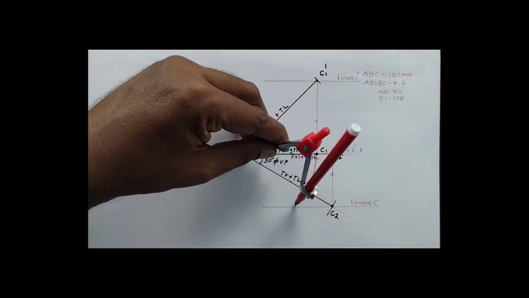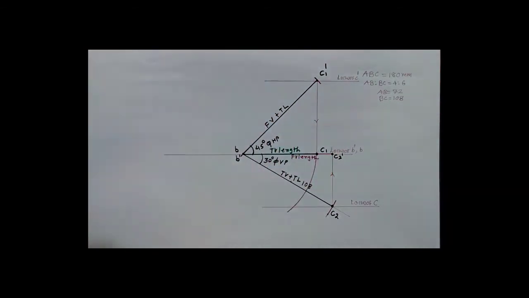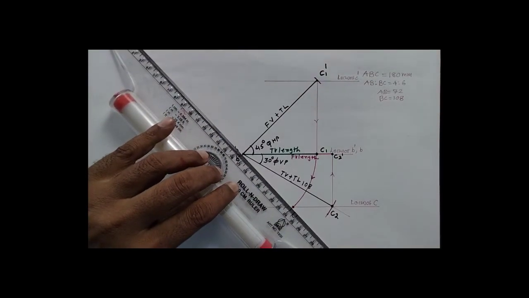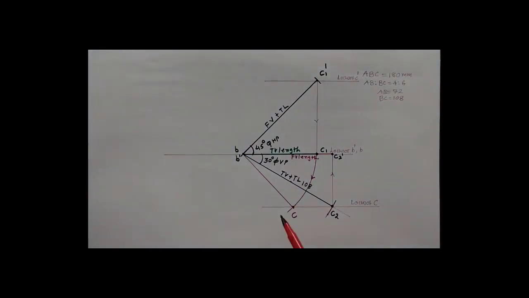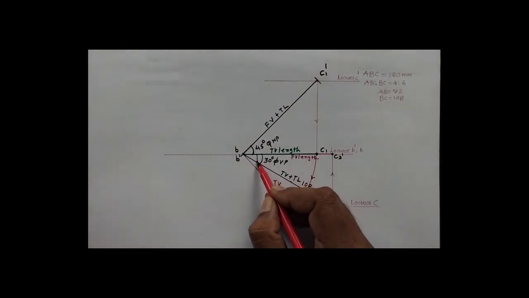So I rotate, mark the actual plan point C, and join BC. It is our actual top view, the angle beta.